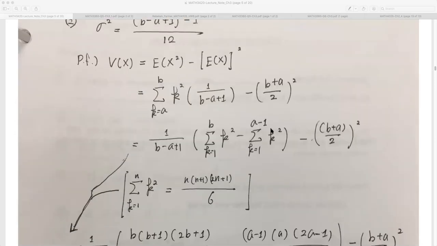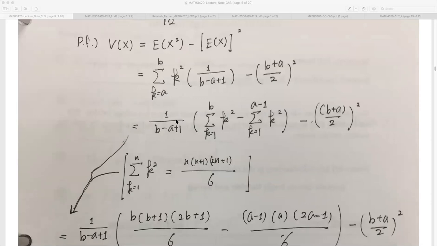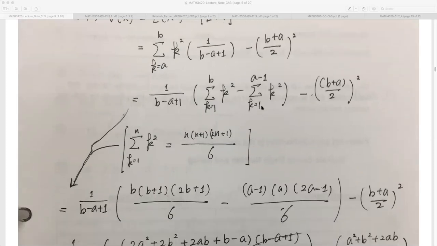Now, the first one, 1 over (b minus a plus 1), is the constant; bring it out. This one can be expressed similarly to what we did in the proof of the mean. We split that sigma as k goes 1 through b, minus k goes 1 through a minus 1. Now then what?